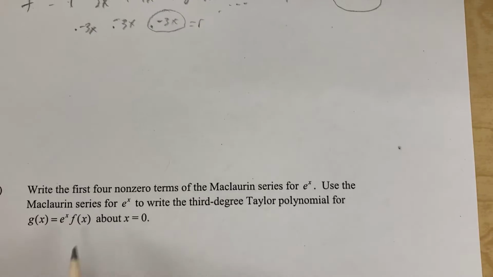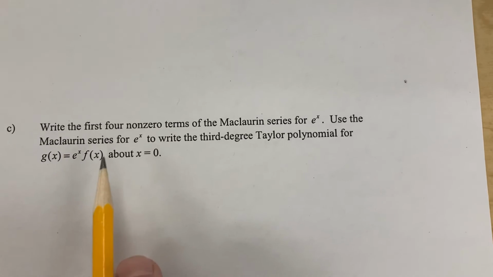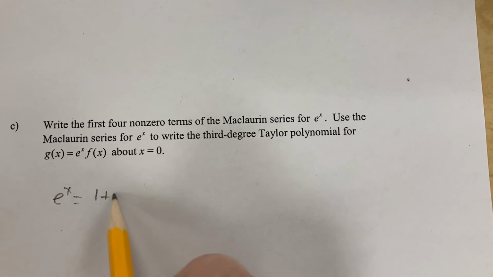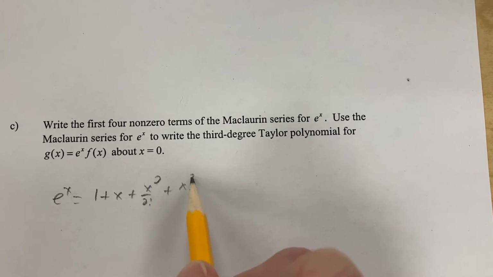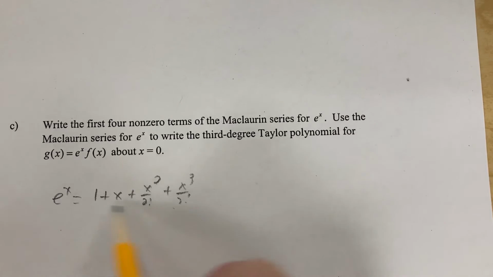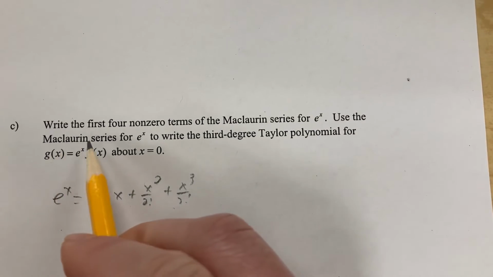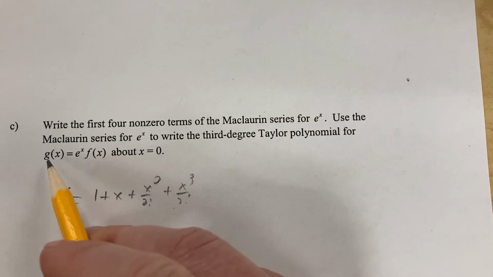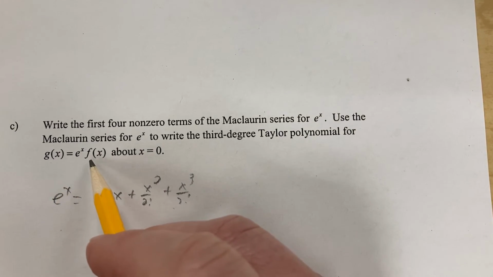All right. Then this one says, write the first 4 non-zeros of e to the x. So we know e to the x is 1 plus x plus x squared over 2 factorial plus x to the third over 3 factorial. There's your first 4 non-zeros. Use the Maclaurin series for e to the x to write the third degree Taylor polynomial for g of x, which is e to the x times f of x.